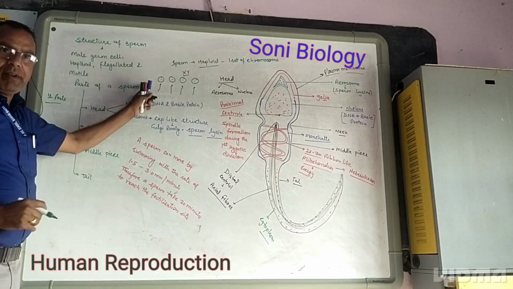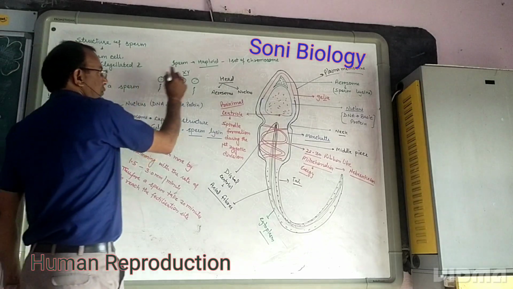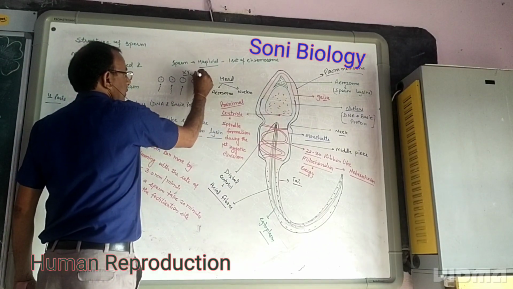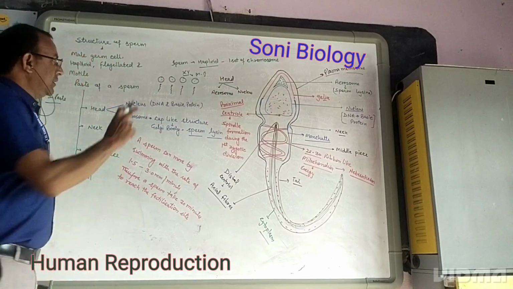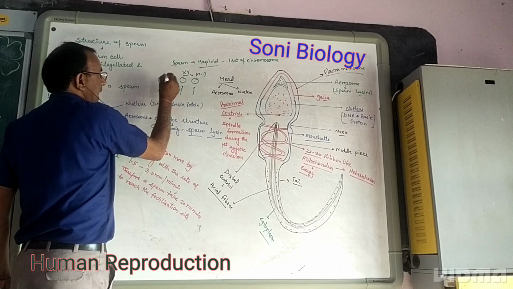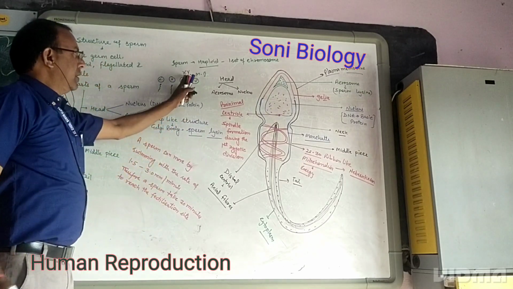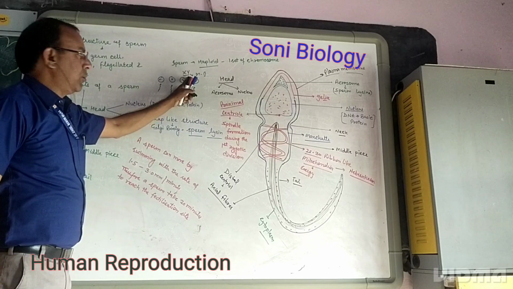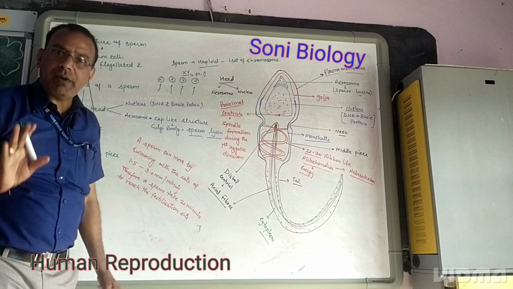Spermatid is also haploid, containing one set of chromosomes. During meiosis 2, 4 spermatids are produced, and these 4 spermatids have the possibility X, X, Y, Y. It means a 50% chance of X and a 50% chance of Y.